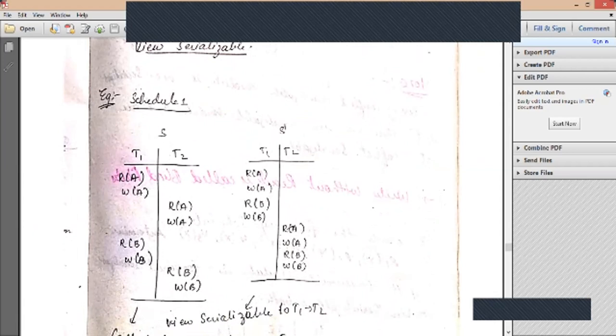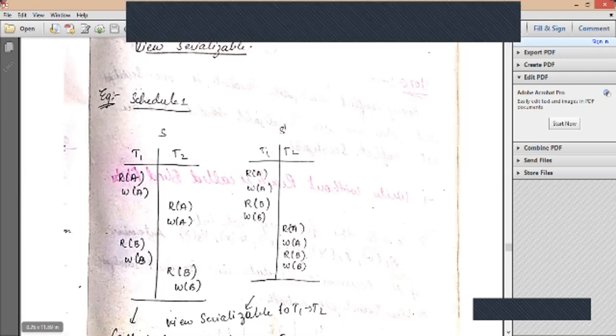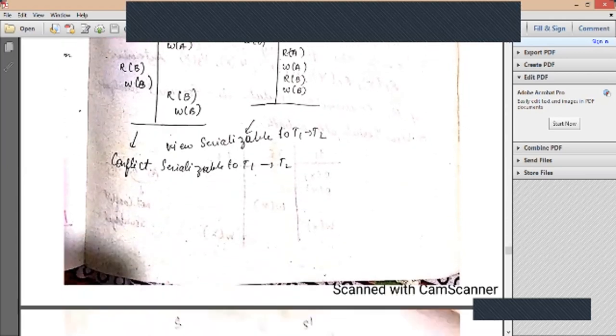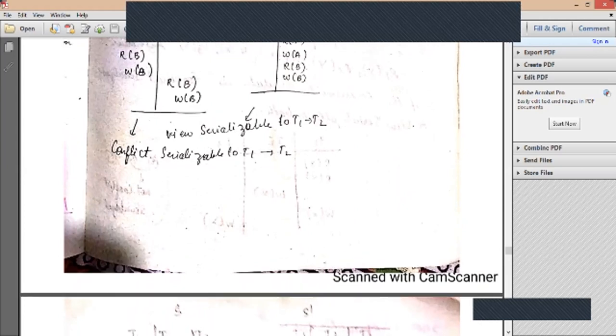That is nothing but first T1 is executed, then T2 is executed. After doing this, we check that the output we get after the execution is the same as in this particular schedule also. If both are the same, then it is called view serializability, which means it is satisfying serializability.